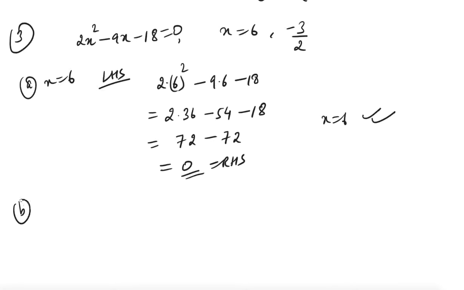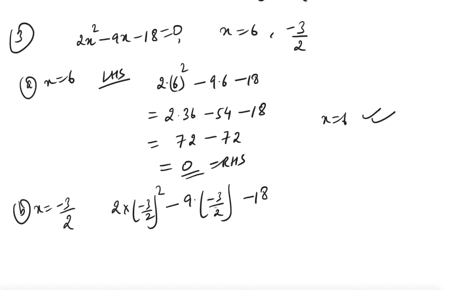Now let us check for x equals −3/2. So 2 into (−3/2)² minus 9 into (−3/2) minus 18. This is our LHS. Let us simplify. 2 into 9/4 plus 27/2 minus 18. This 2 will cancel the 4, it becomes 2.